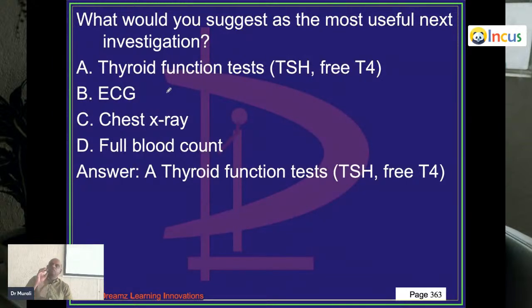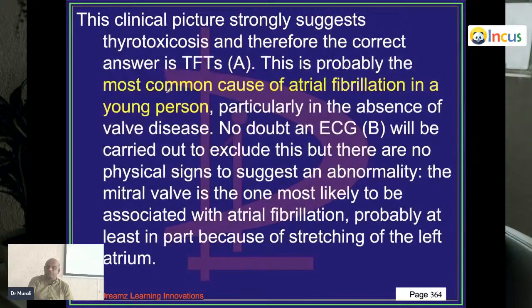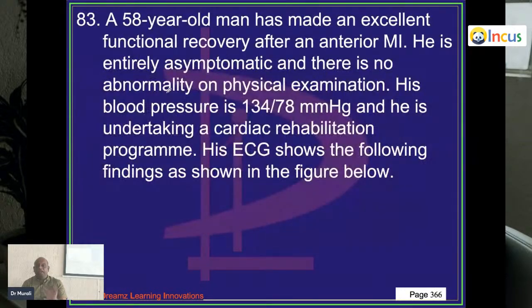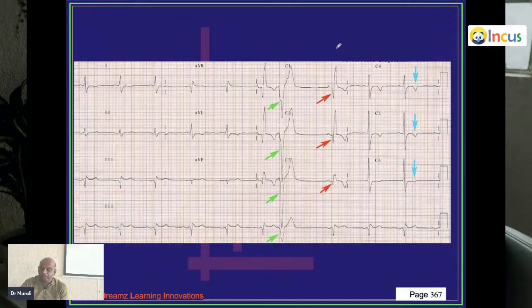So, one of the very common causes for atrial fibrillation is the presence of hyperthyroidism, which you should always rule out. A 58-year-old man recovered from an MI, ECG showing the old Q waves.